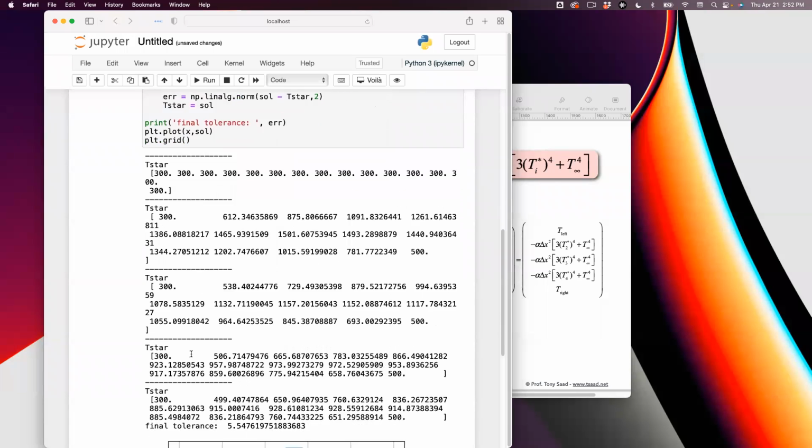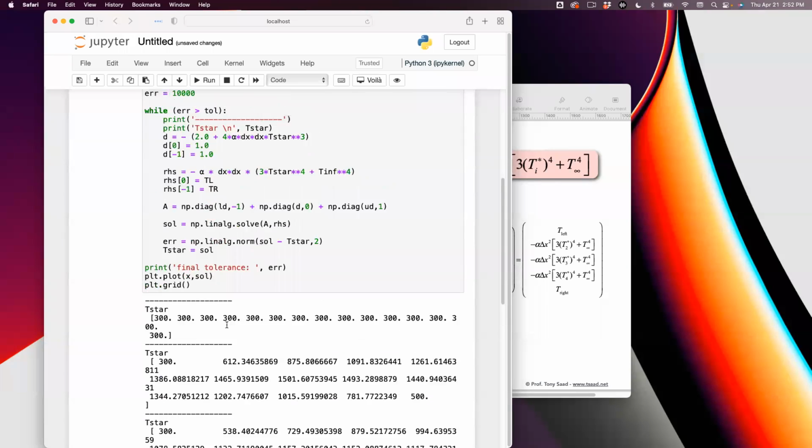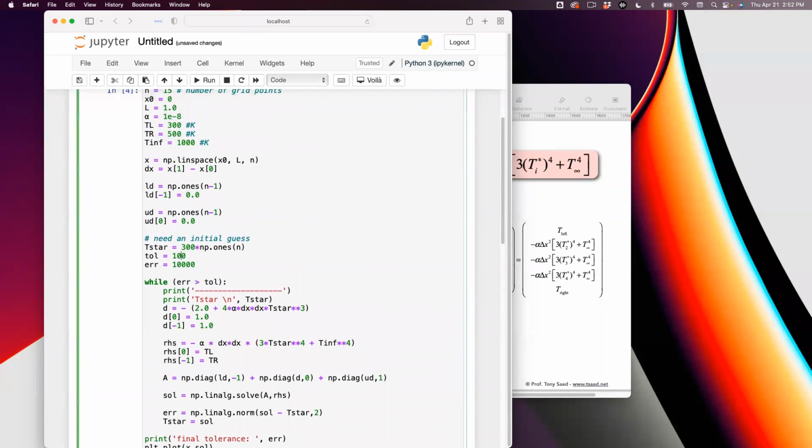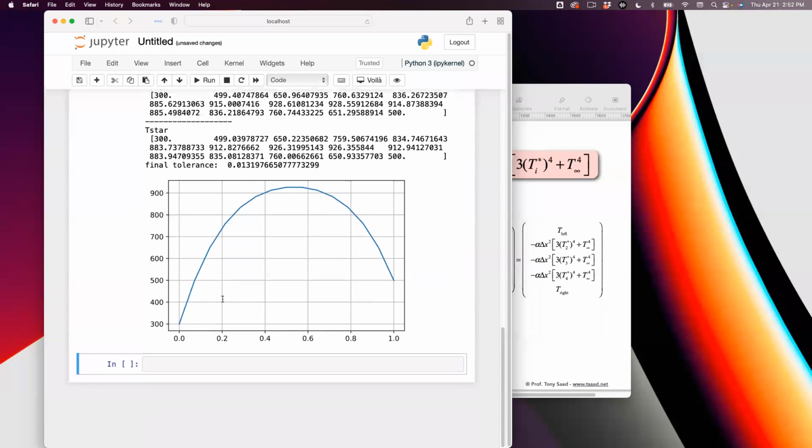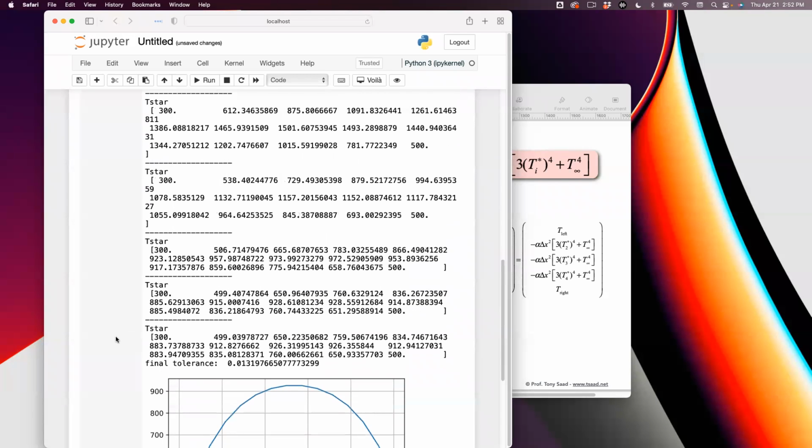They kept changing until they stopped changing much. So let's reduce the tolerance a little bit. You see? Then they're not changing much anymore. 506, 499, 499, we're done. So in other words, another way of saying it is that your guess is no longer changing from iteration to iteration, or it's just gotten close enough to the true solution.